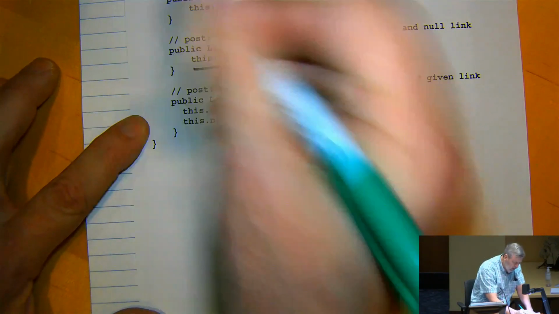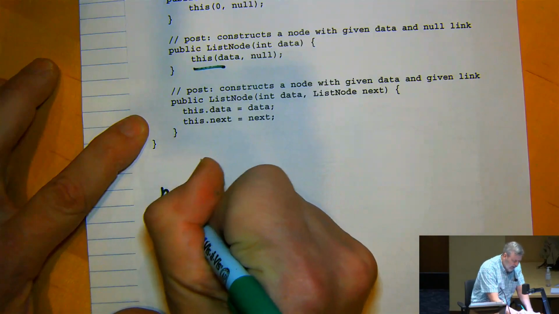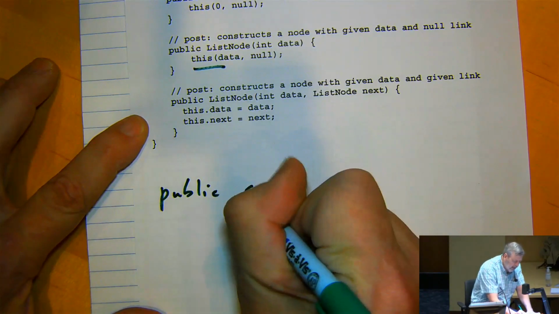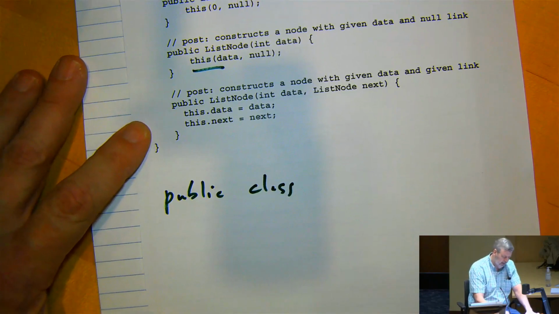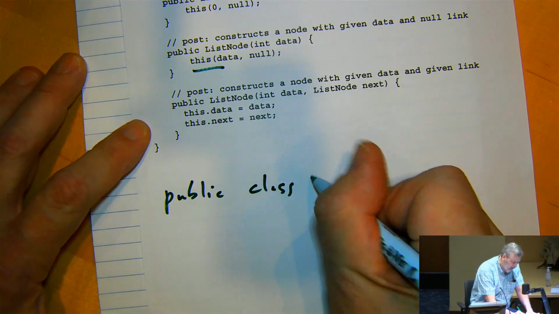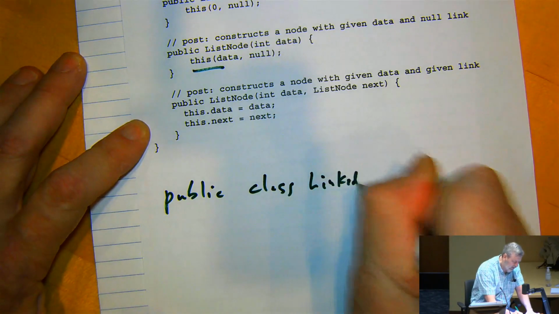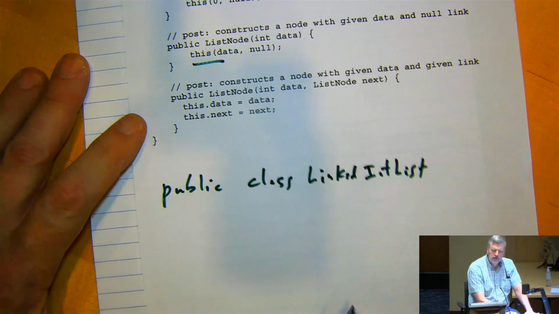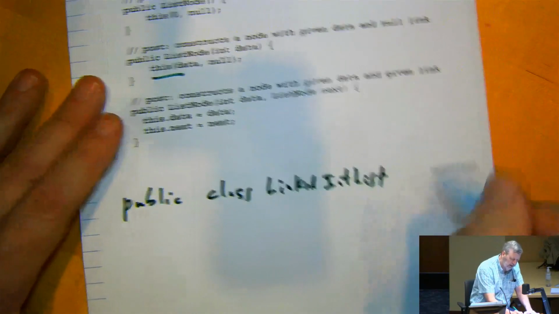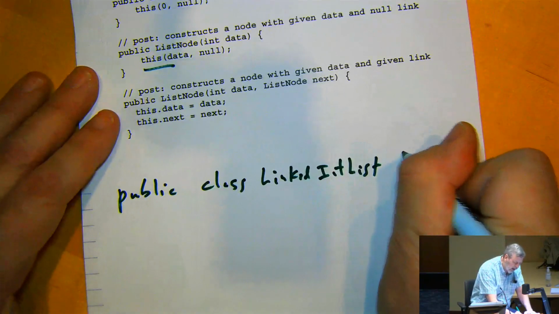But given the node class, what we're going to want to create is a public class that's going to correspond to our ArrayIntList. So what we're going to have is a LinkedIntList class that's going to be built on a linked list rather than an array.